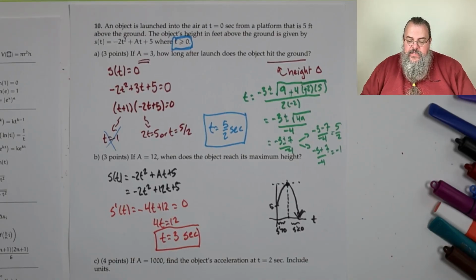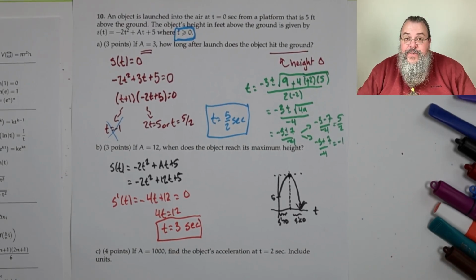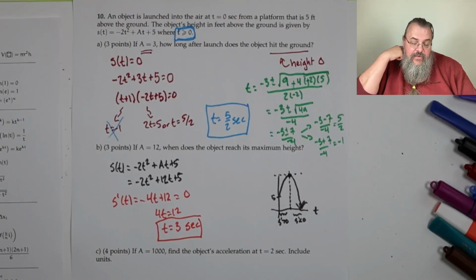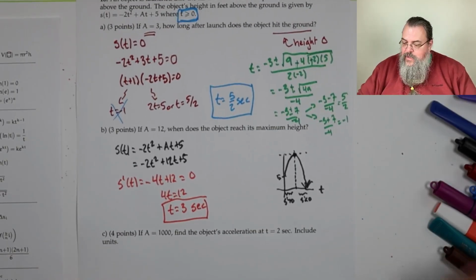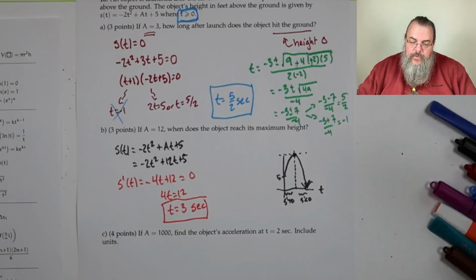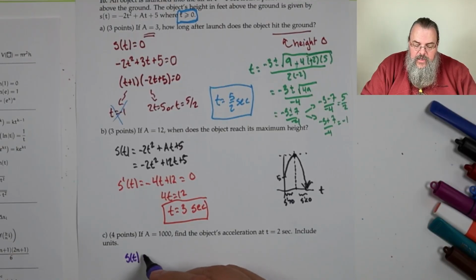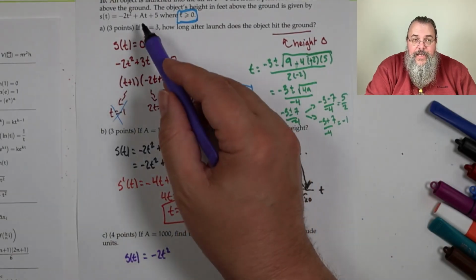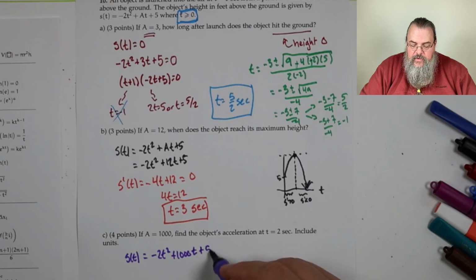For part C, suppose now a is 1,000. Find the object's acceleration at t equals 2 seconds. Include your units. Okay, so we now know its location. That's s of t. That's -2t squared, and this time I'll remember to write the a right away, plus 1,000t, and then plus 5.